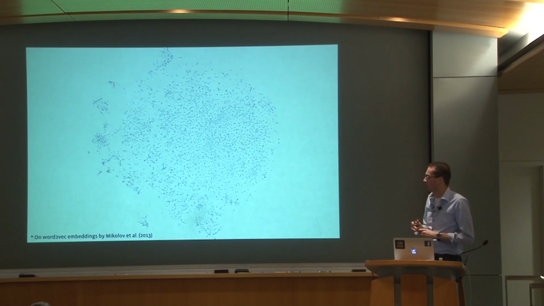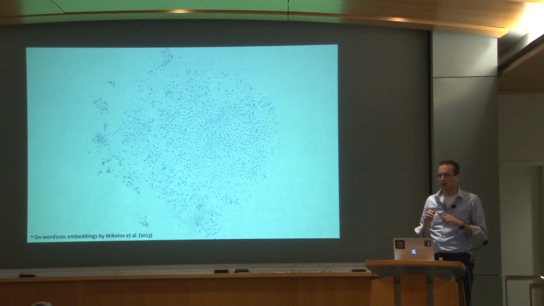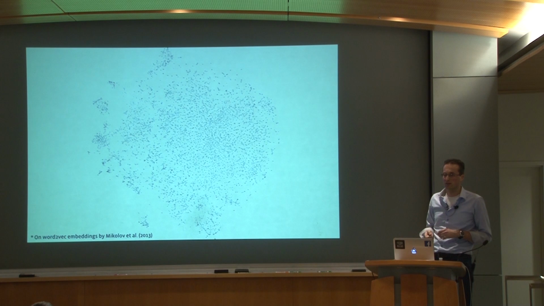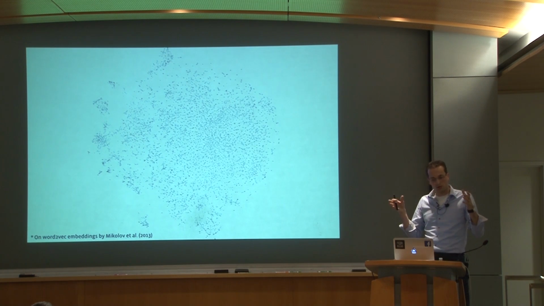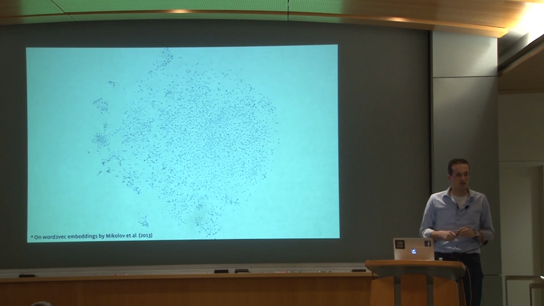One other interesting visualization I want to show is this one. This is a visualization of words, and the words are visualized based on something called word2vec embeddings. The idea here is that the word2vec model represents each word by some vector in, let's say, 300 dimensions.